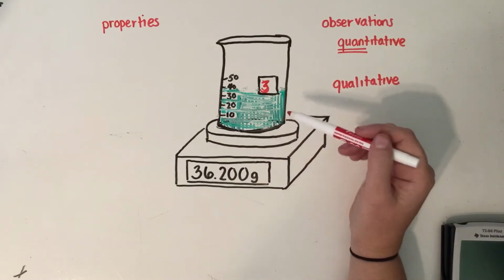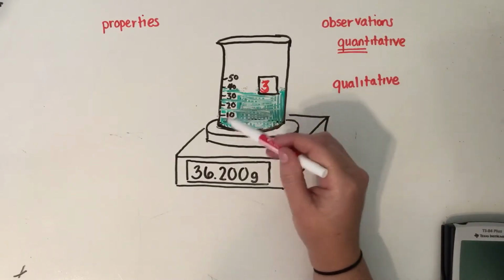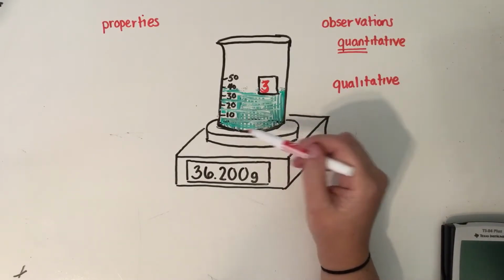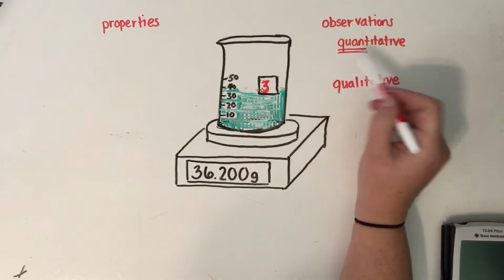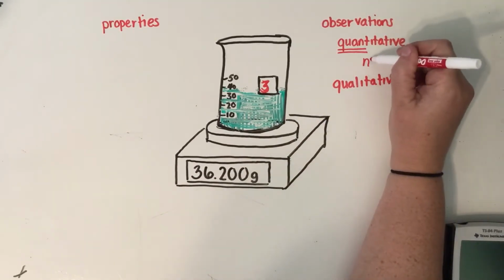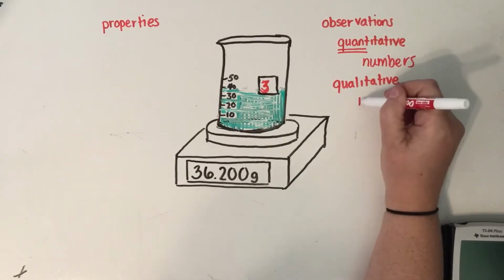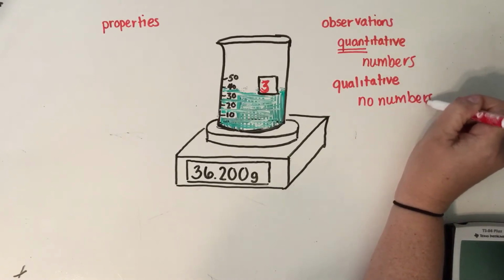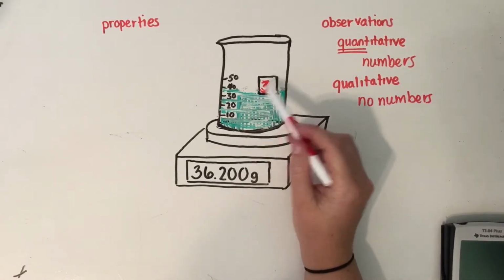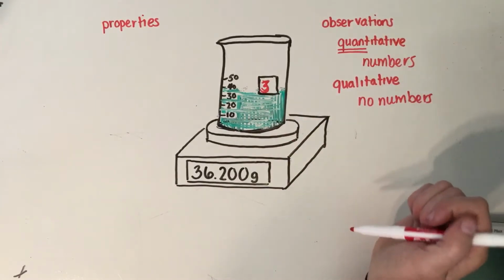When we say sample 3 is green, we're describing the color, and we did not describe the color using the number 3. So again, quantitative contain numbers. Qualitative do not contain numbers. And the only exception is if we are using a number as a label, then it does not automatically make our observation quantitative.